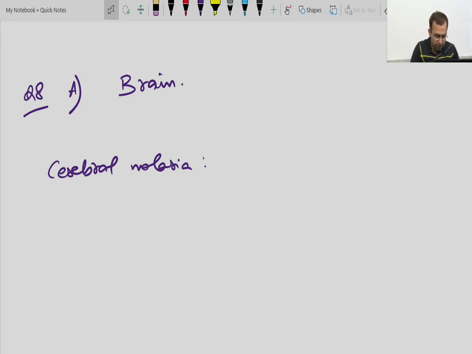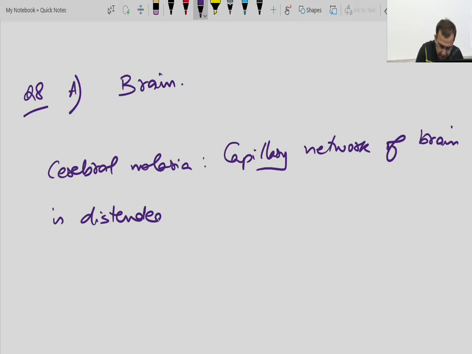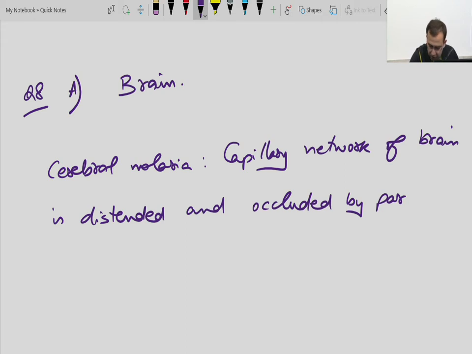In cerebral malaria, the entire capillary network of the brain is distended, that is, dilated, and occluded by parasitized erythrocytes.